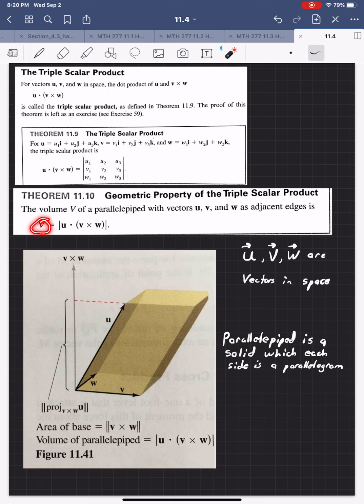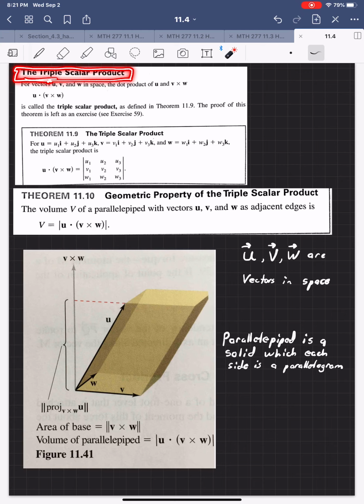What's interesting is if you have three vectors in space, and if you think about how the sides are formed based on these angles, there's a concept of what we call a triple scalar product.